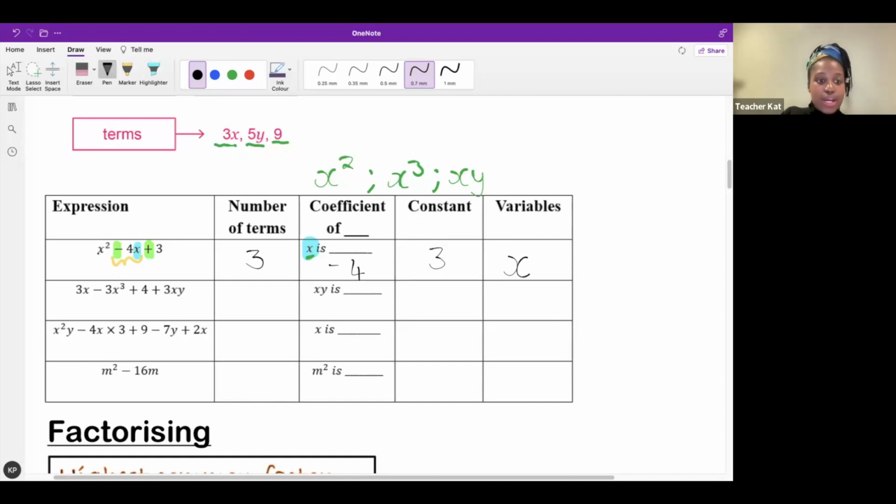If I said to you x is 2, you are going to substitute 2 over there and over there. It doesn't matter what the exponent is. The variable is x. So you do not have to list x and x squared and x cubed and x this. The variable is x. It's actually how many different variables do you see? That's how you need to think about it.